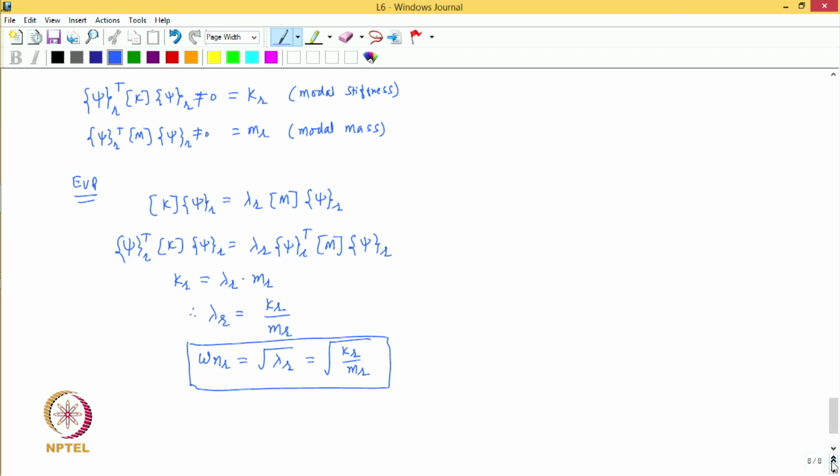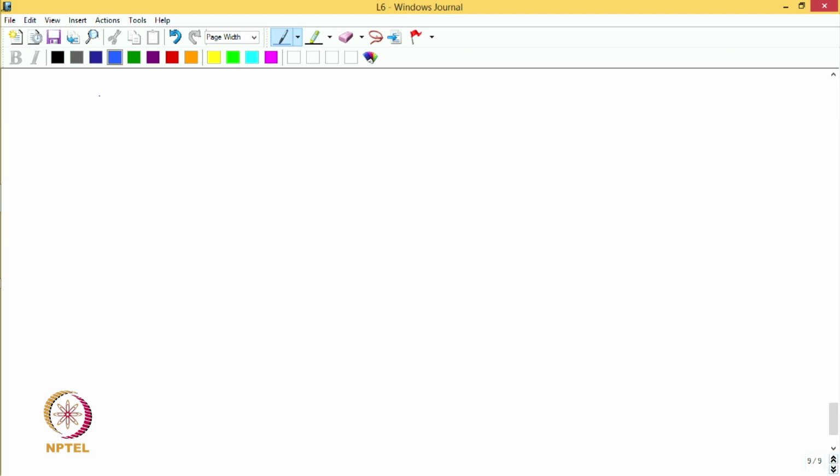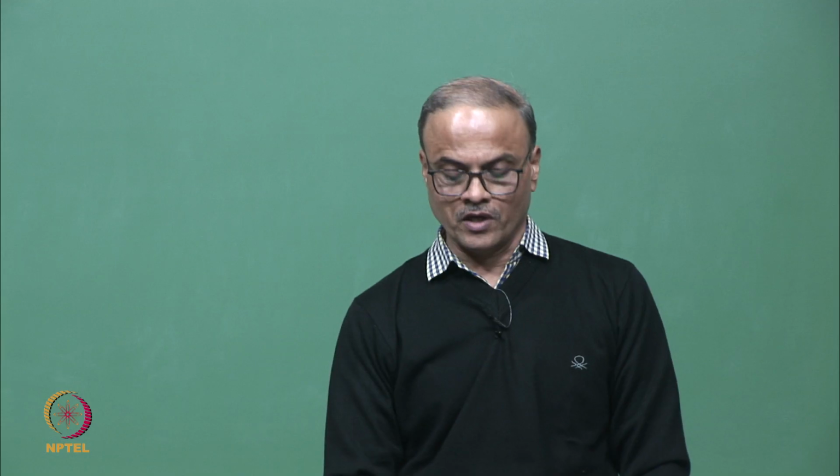Now, let us also define what is called the modal matrix. The modal matrix is basically the matrix of all mode shapes, that is, the matrix of all eigenvectors.